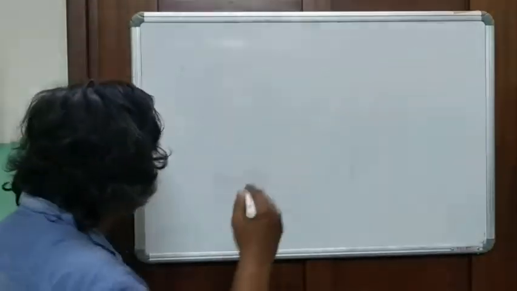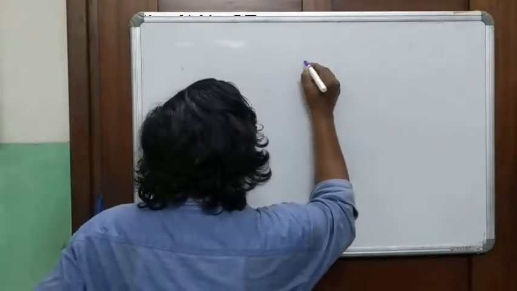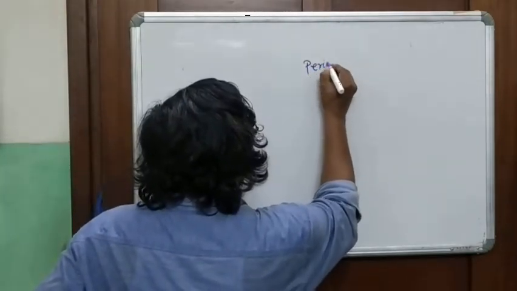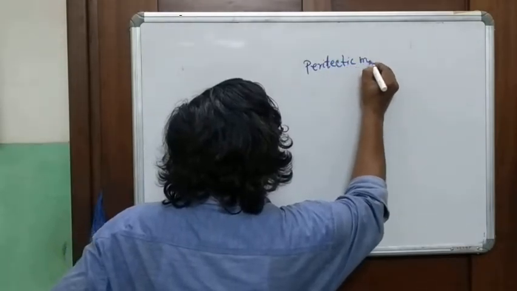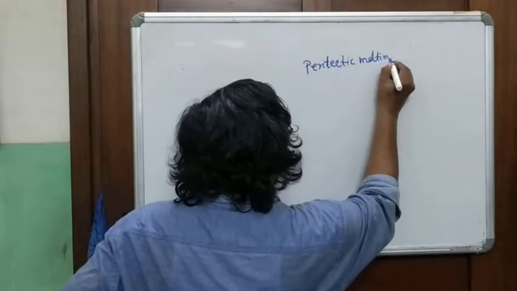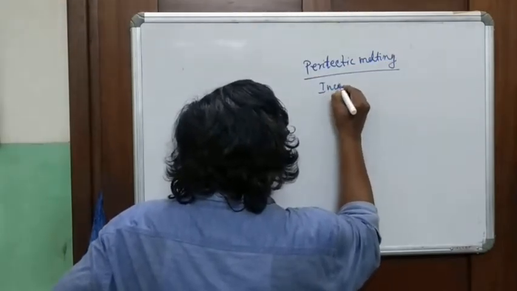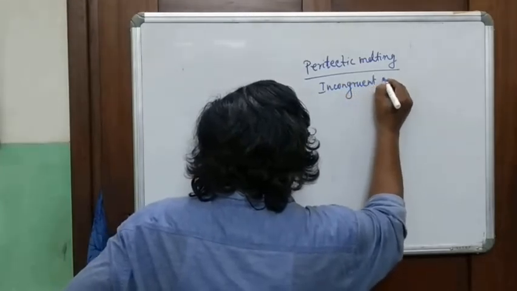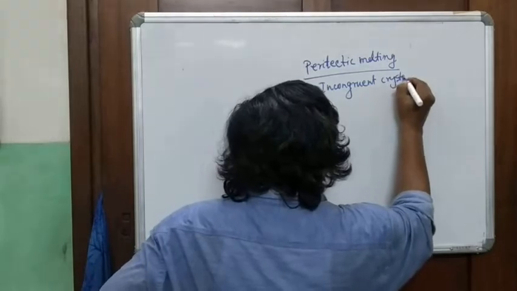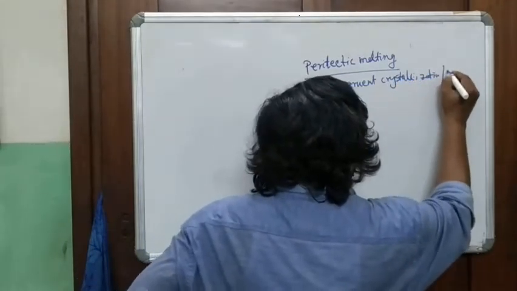I think what I will suggest to you, let me tell you, this is called peritectic melting. Or it is also called incongruent crystallization or melting, or whatever way you want to say.